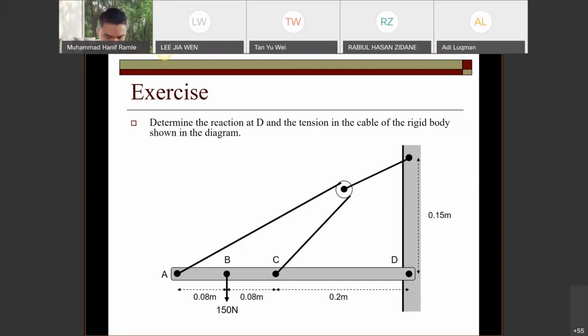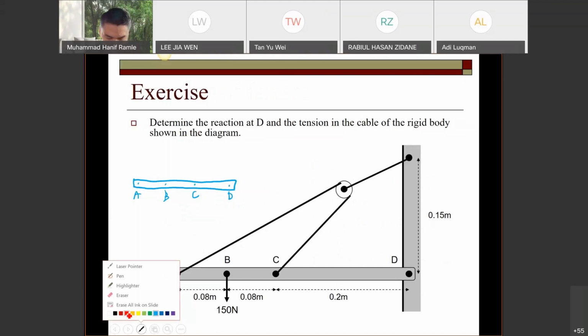Let me draw the FBD again. The FBD will look like this. We have A, B, C, and D. We have a force at A, which is tension, and C is also tension.